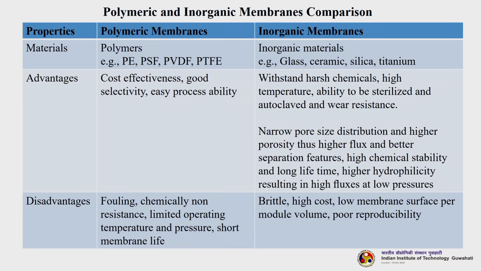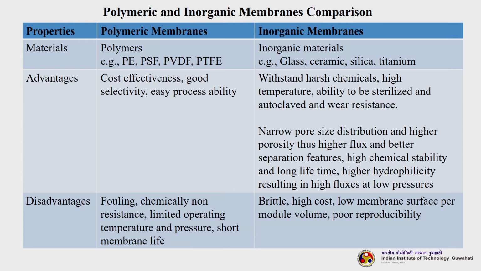Of course, their chemical stability is also very high compared to the polymeric membranes, and they have a long lifetime also. Usually the higher hydrophilicity results in high fluxes at low pressure. Most of the ceramic membranes are hydrophilic, and that is why the flux is actually high at low pressure.